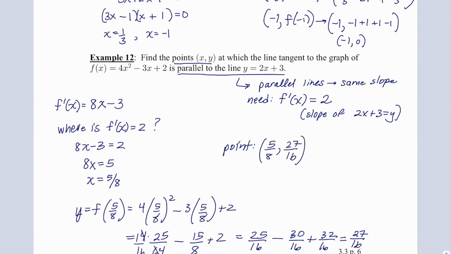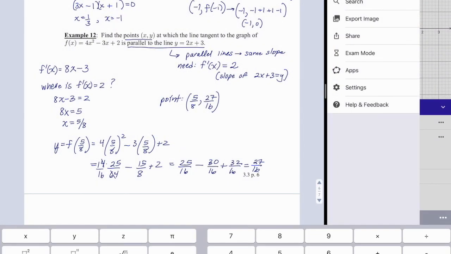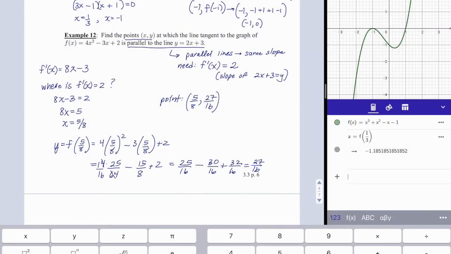So let's take a look at these graphs and see if it looks good. So now we want to turn those off, and we want to graph 4x squared minus 3x plus 2. And I want to graph the line 2x plus 3. Right?